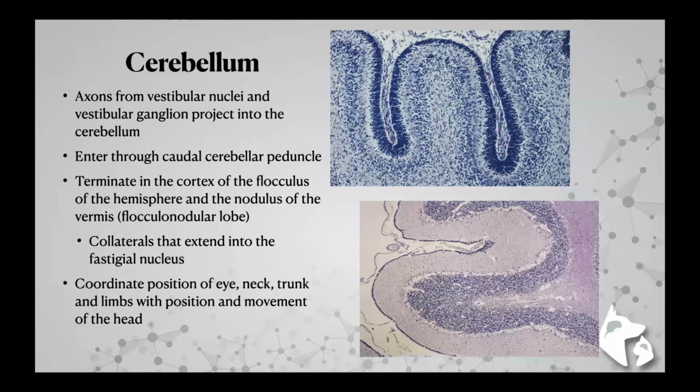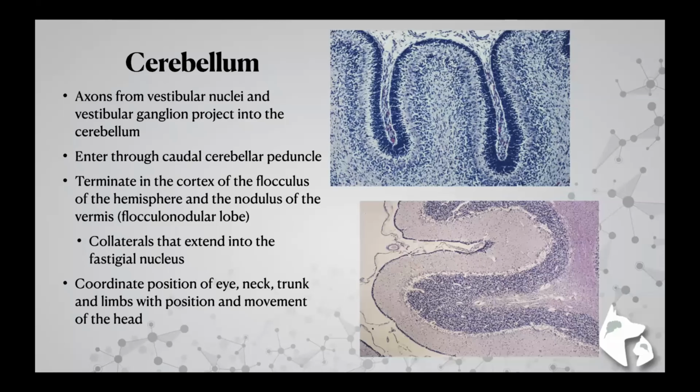So the cerebellum is involved with the vestibular system, like I alluded to. There are some collaterals that end up going straight into the cerebellum. So again, axons from the vestibular nuclei and vestibular ganglion will project directly into the cerebellum.